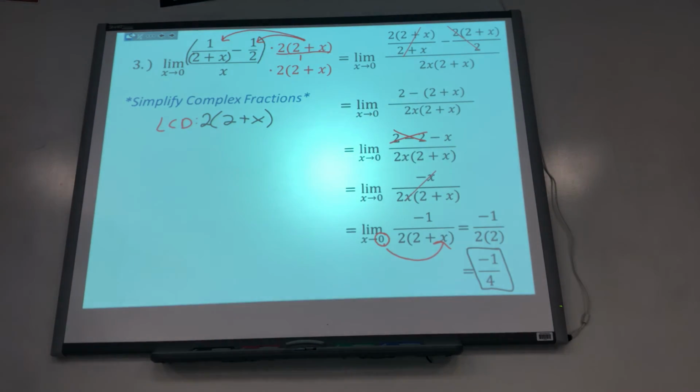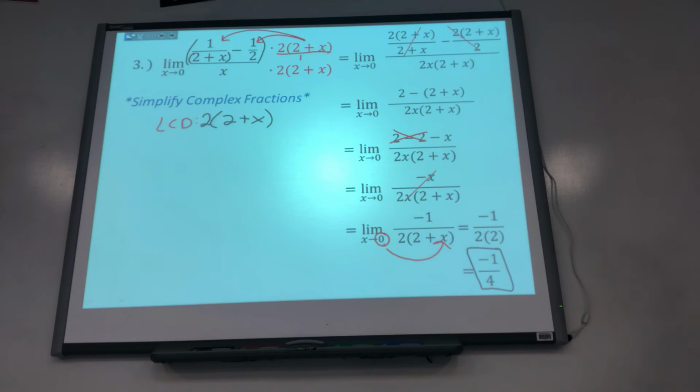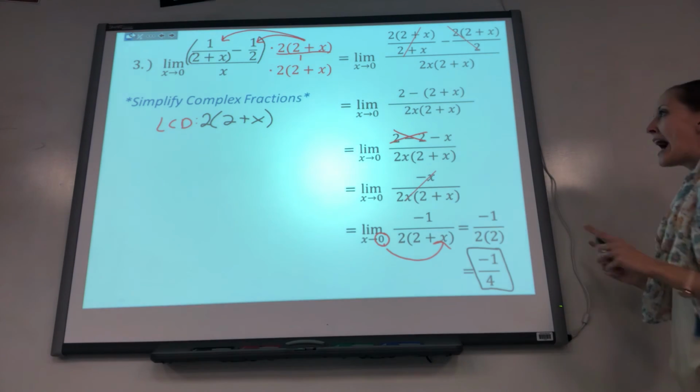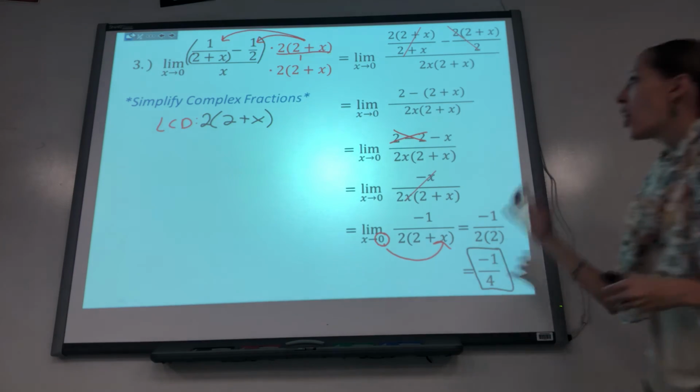So negative 1/4. That's actually the same answer that we got on example 2 today. But that one was obviously much different because of the complex fractions. Now, I realize that is a lot of work, maybe a little foggy still, but you can count on the same steps when you get to these in your homework.